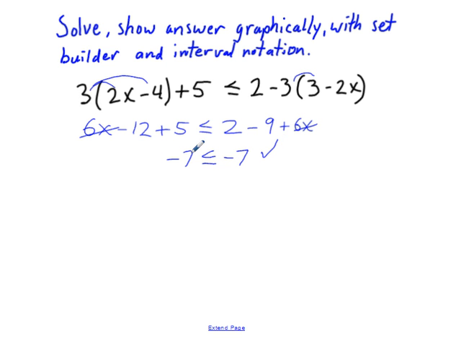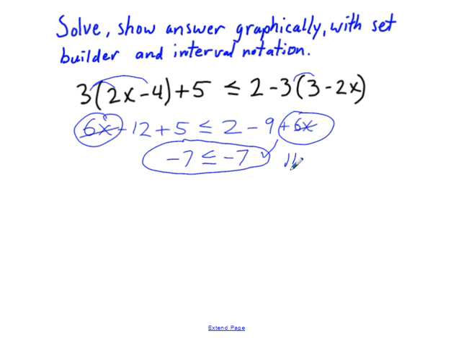Yes. And that means that no matter what value x is, because x is canceled on each side, this is going to be a true statement, meaning that the domain for this, or the solutions, will be all real numbers.